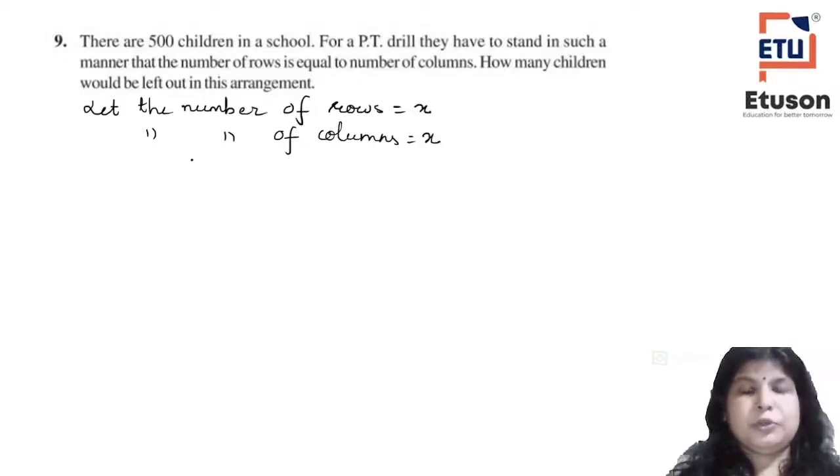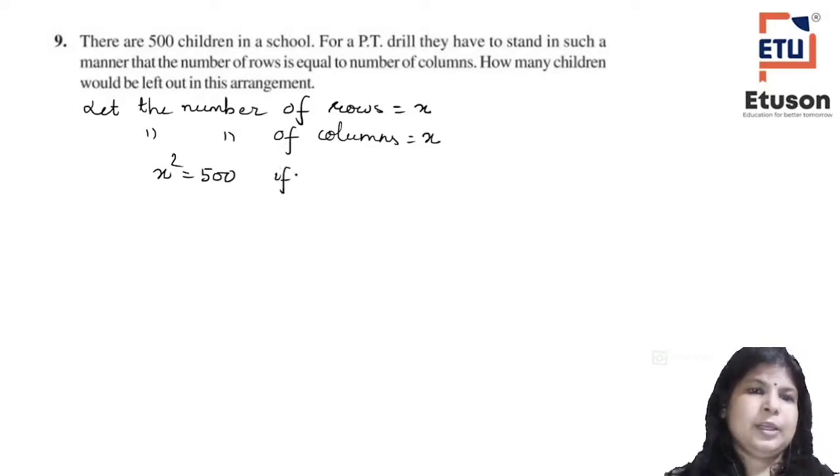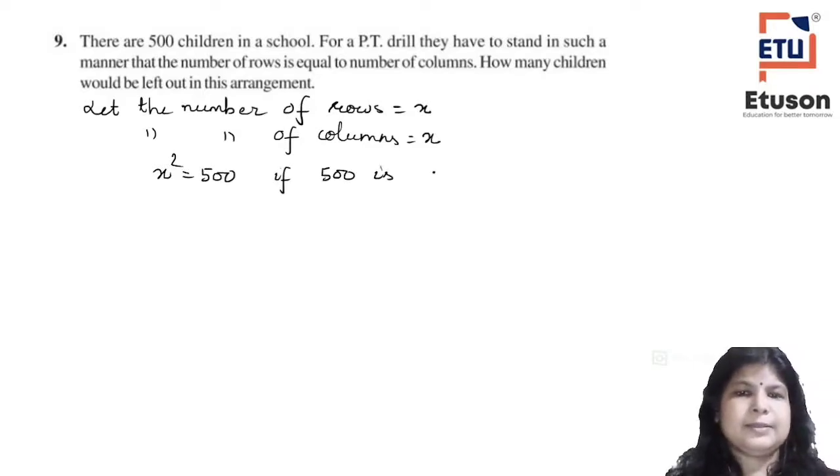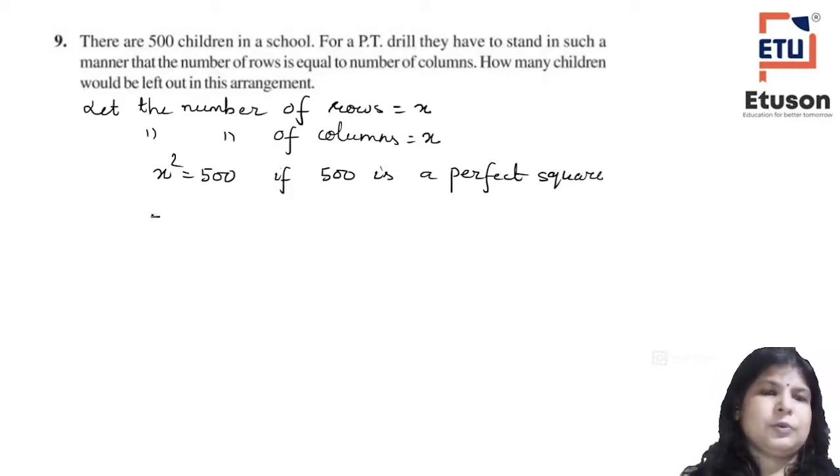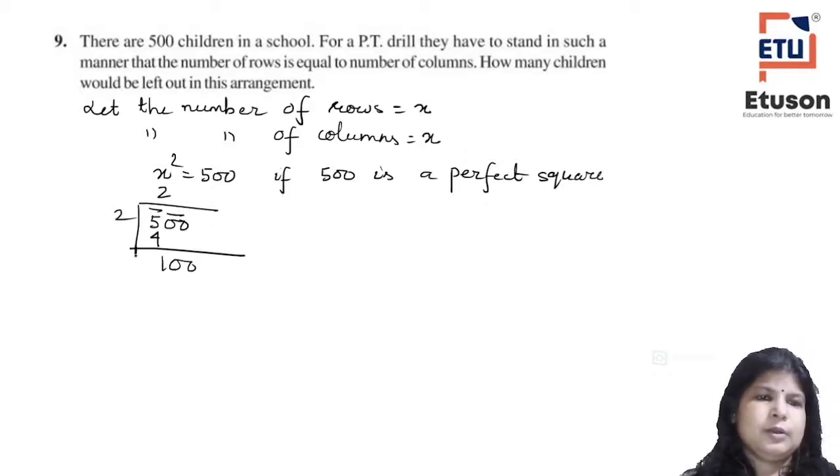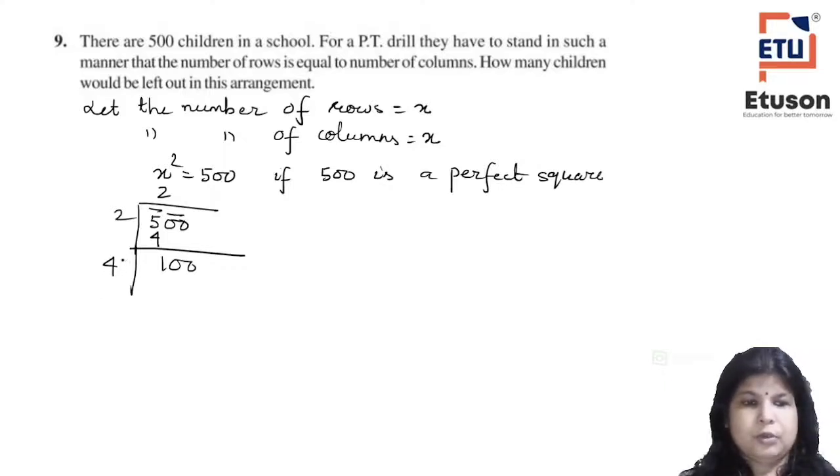In order to obtain how many are left out, we have to find out whether 500 is a perfect square or not. So 500, put the bar, 2 square, 4, 2 into 4, 4 into 42, 284, remainder is 16.